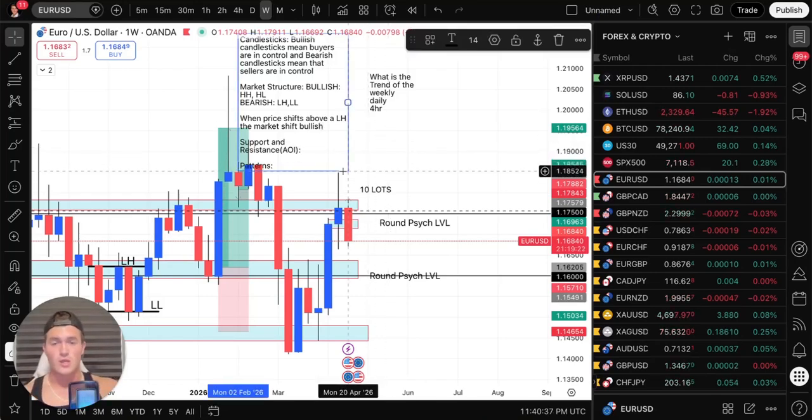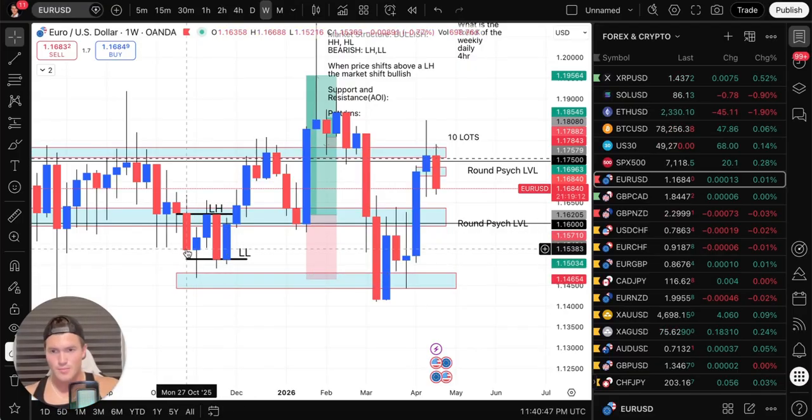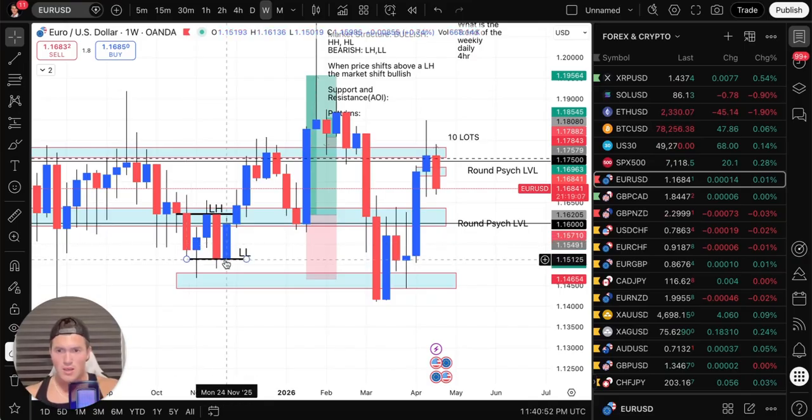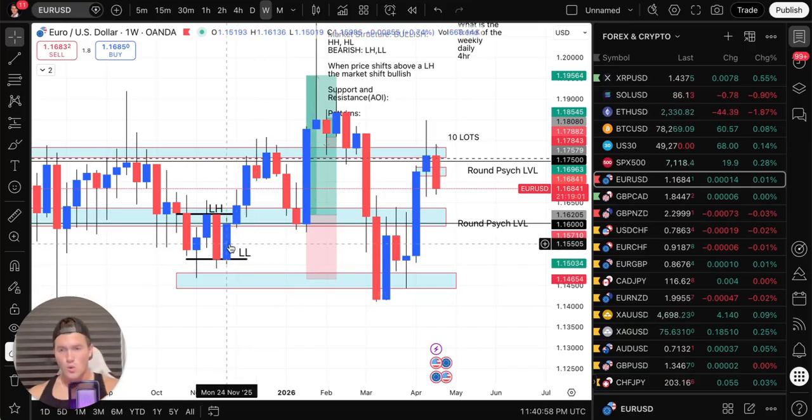Now, if it shifts lower, we're just creating a new lower low and a new lower high. New lower low, new lower high. And if it keeps breaking these previous bearish elbows here, and if price instead of going up here came down here, we'd have a new lower low down here and a new lower high.